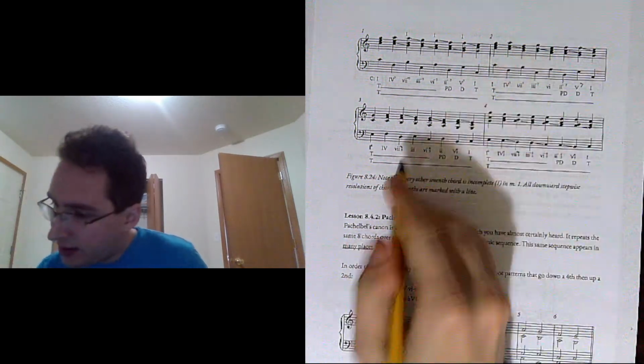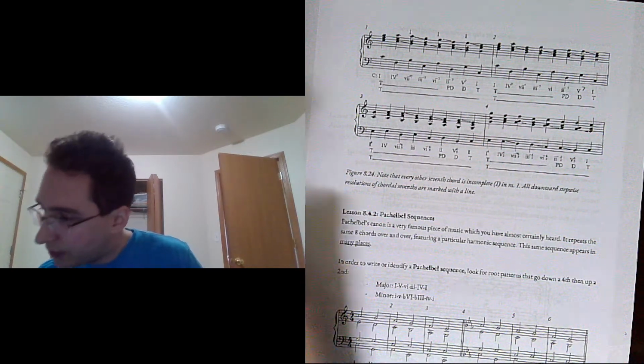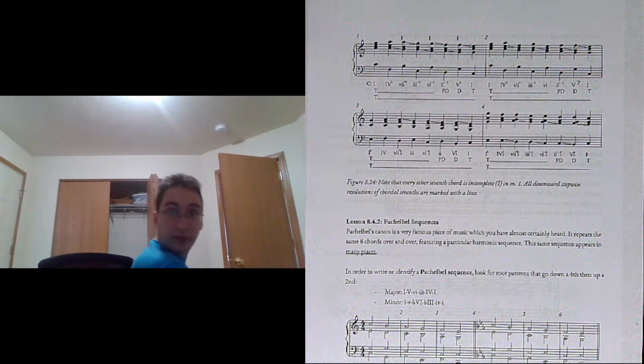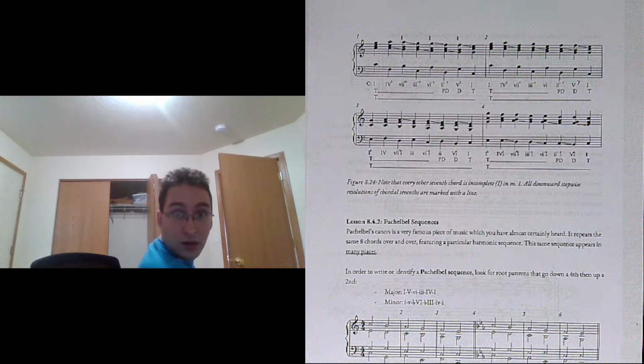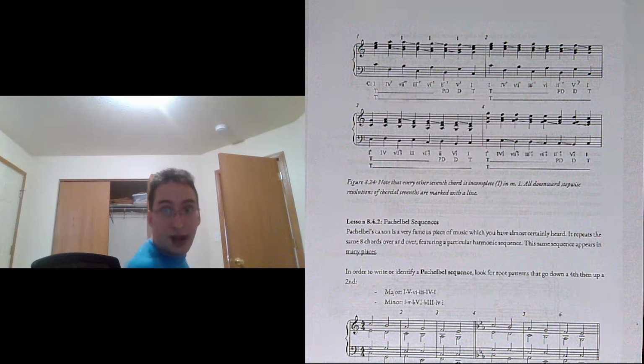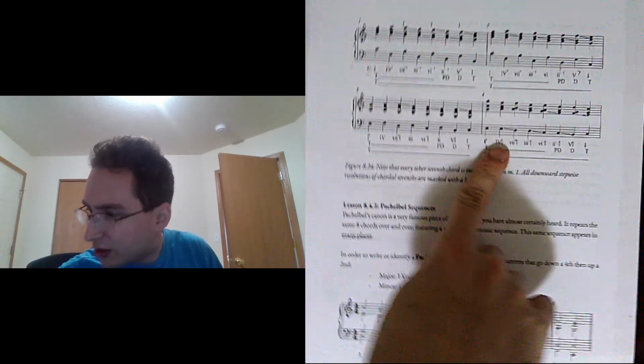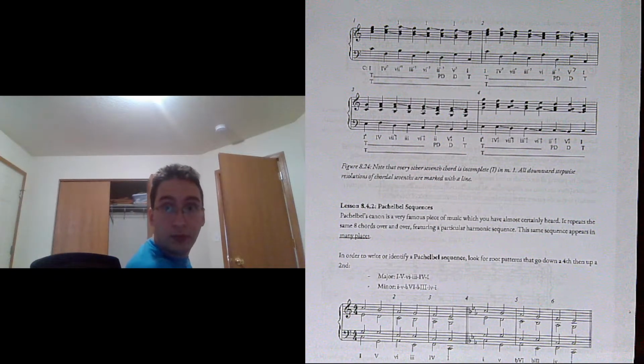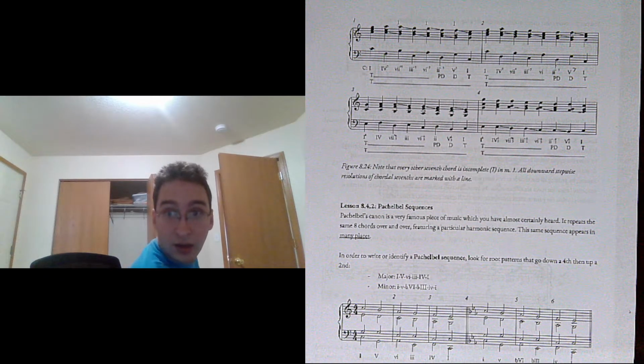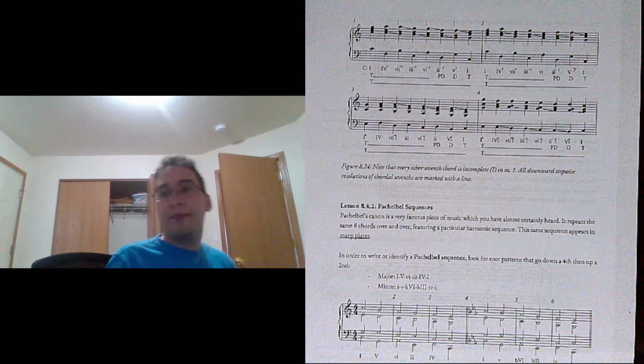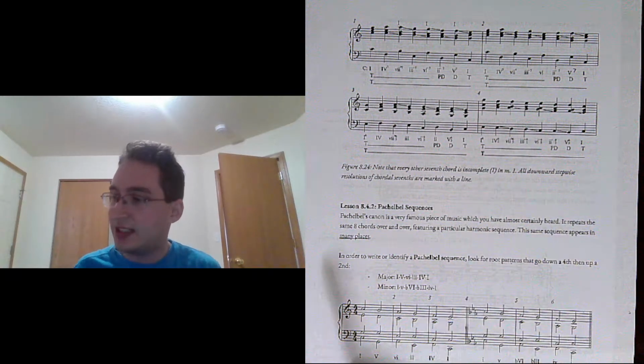Here we have every other chord is a seventh chord in first inversion. And here we have every chord is a seventh chord, but alternating first and third inversions. That's a pretty crunchy one, but it does give you that nice stepwise descending bass line.